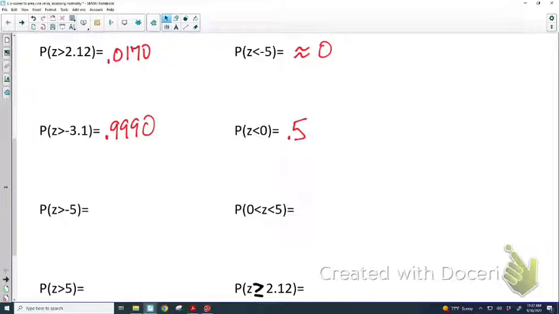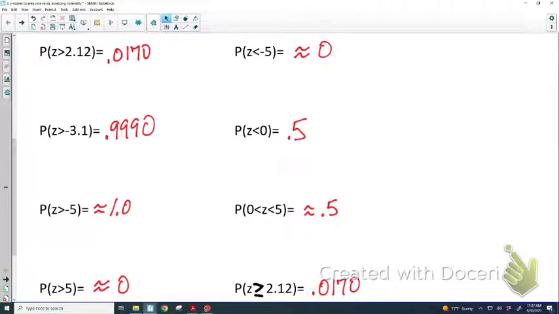I already said what this one is. Approximately the whole curve. Approximately half the curve. And if you don't believe me, type these in. You should get around those numbers. Greater than 5, approximately 0. And greater than or equal to 2.12 is the same exact answer as the first one.